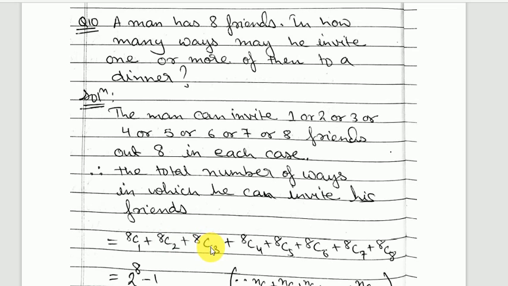If he decides to call 3 friends, they can be selected in 8C3 ways. So 4 friends 8C4, 5 friends 8C5, 6 friends 8C6, then 8C7, 8C8. So this is how you can invite.